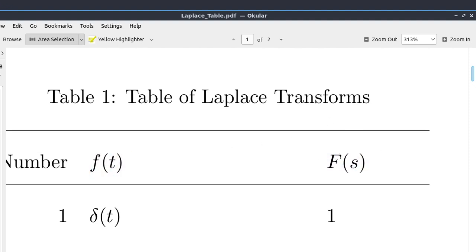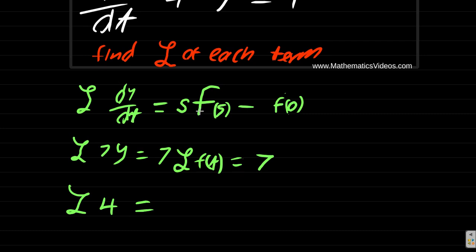So it's big F of s. Let me put it in a different color, because that's what we're going to transpose for later on, F of s. Alright, so now this is 7 big F of s, right? So that's F of s.